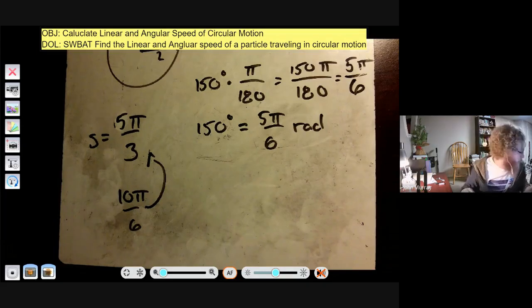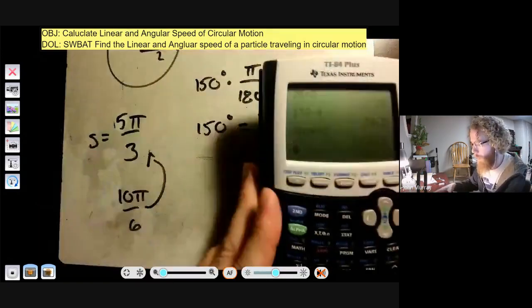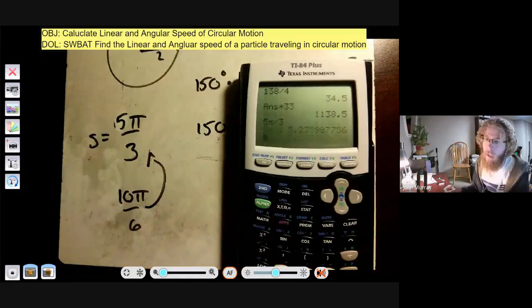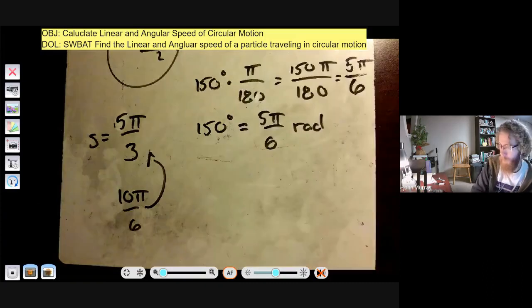Oh, and then some of you also might have multiplied that. Where's my calculator? Right, so we can do 5 pi divided by 3, and that's going to get us about, we'll say 5.24.